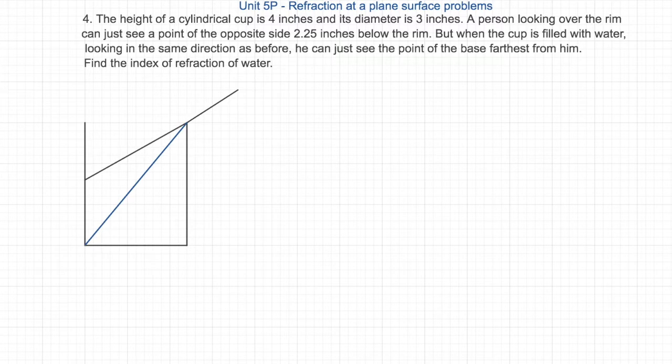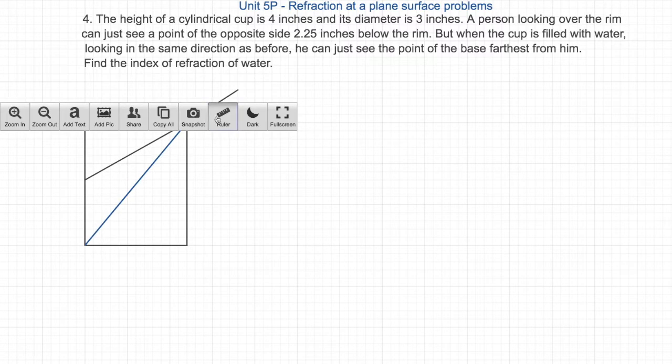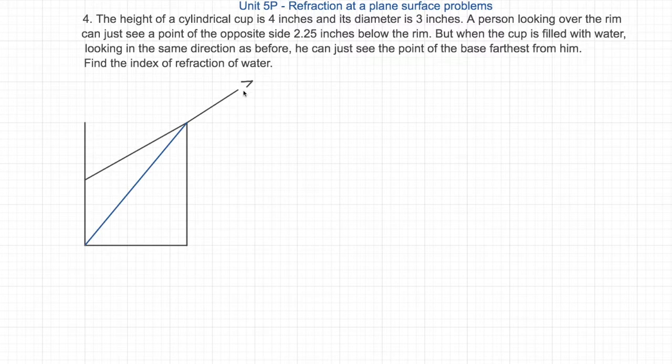So after it's refracted, it goes along the same route that the ray took without water. We'll put an eyeball here, hopefully attached to the rest of the person. This is our 2.25 inch distance. The entire cup is 4 inches tall, and its diameter is 3 inches.